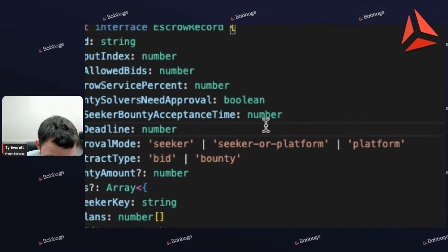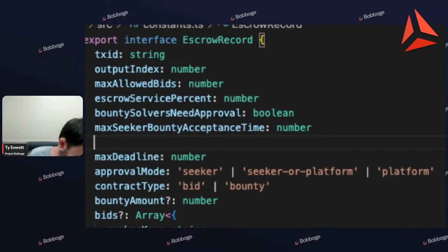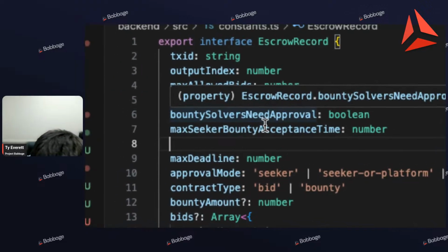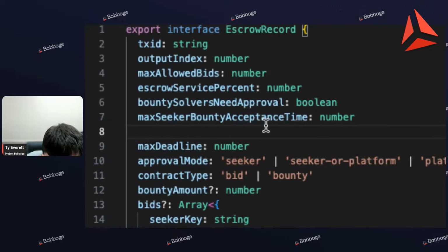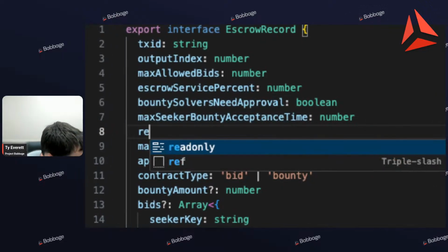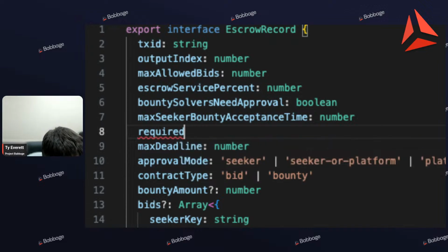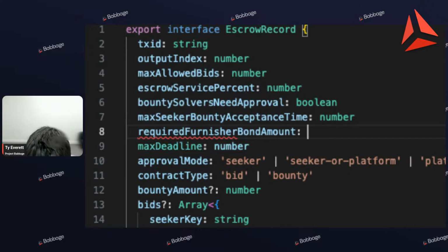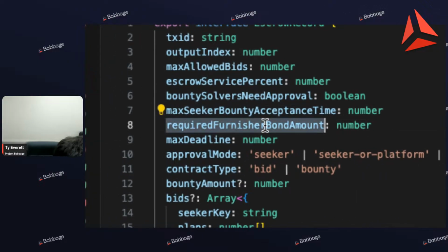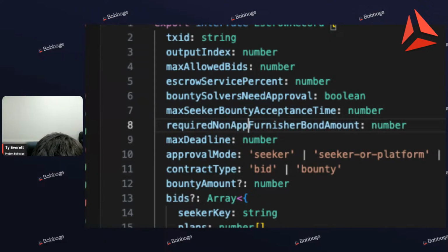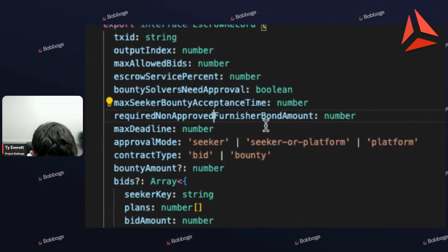Okay, let's bring these abstract concepts to life here, because we have a few of them. We need to track the required non-approved furnisher bond amount.